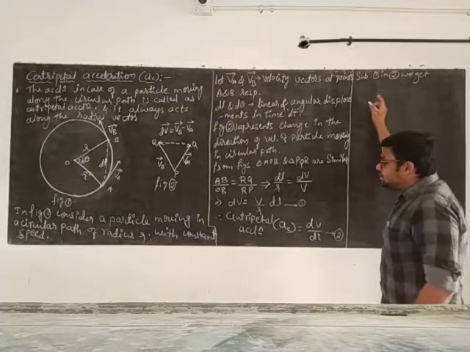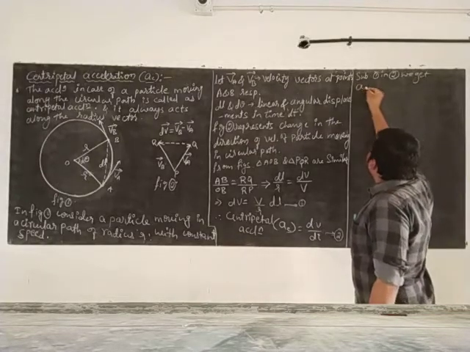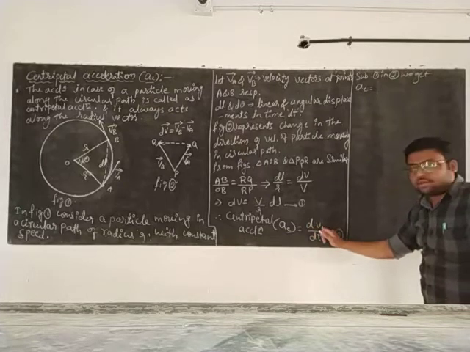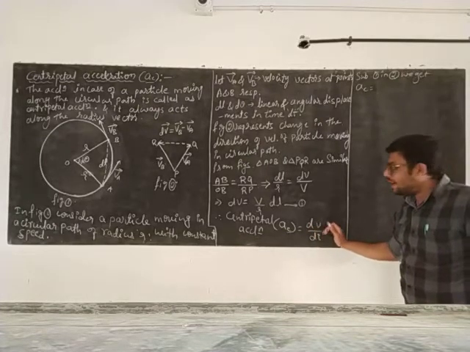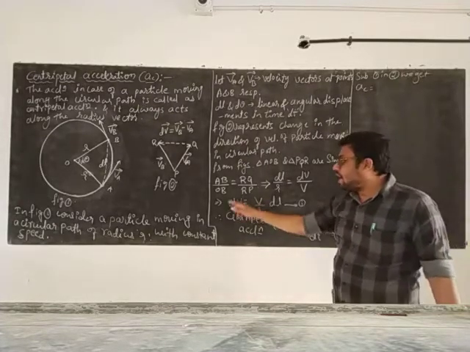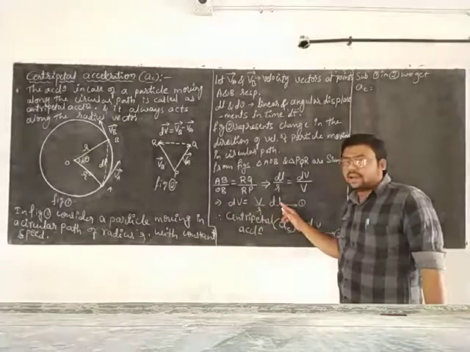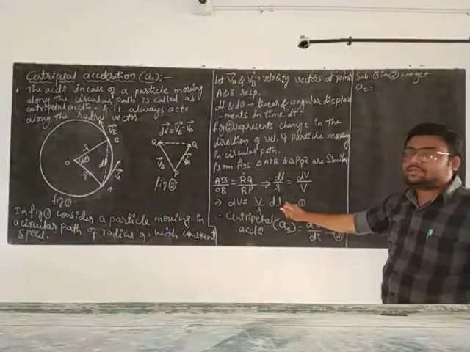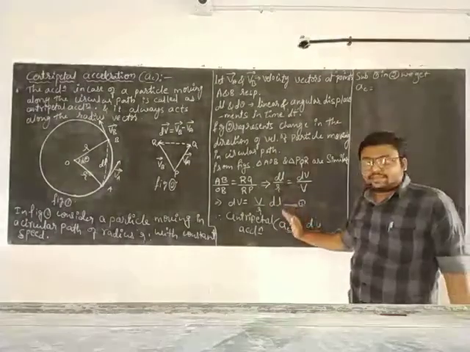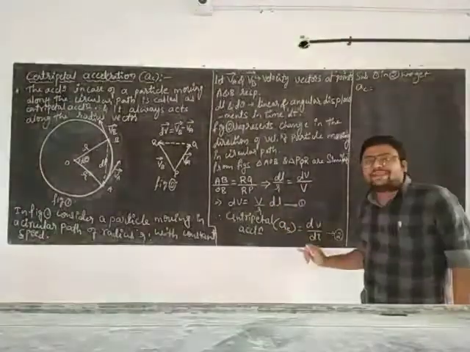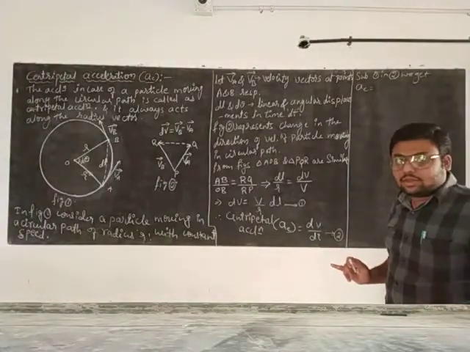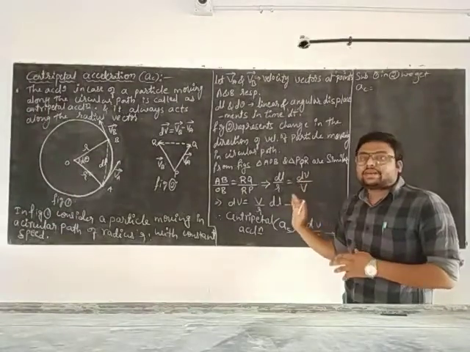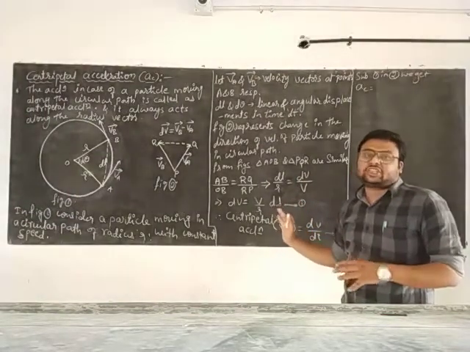AC is equal to, again the differentiation of the velocity, dv. Already dv is equal to V by R into dL. So in place of dv I am going to keep these values, and here we can introduce the differentiation. I take out the constant terms from the differentiation.